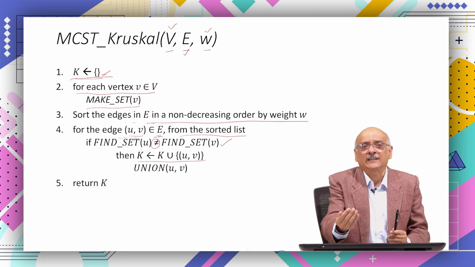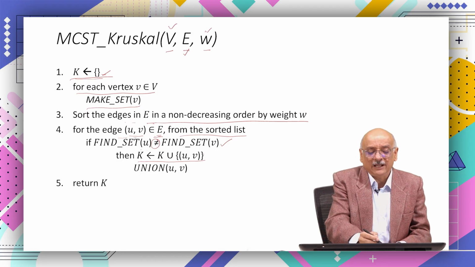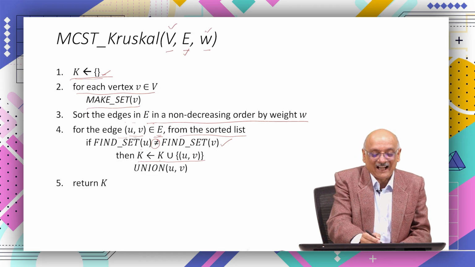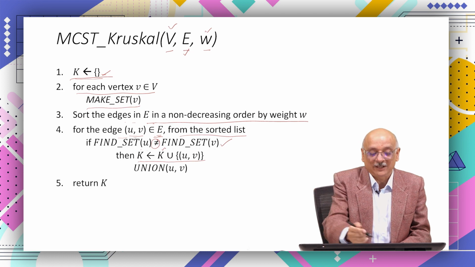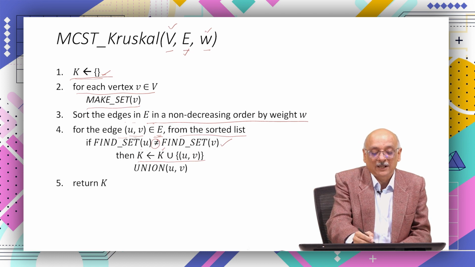We have selected the edge which has the least weight. So, simply add it into the set of edges, which is K, which forms the minimum cost spanning tree. Keep on adding edges there by doing the union, adding that particular edge into K.